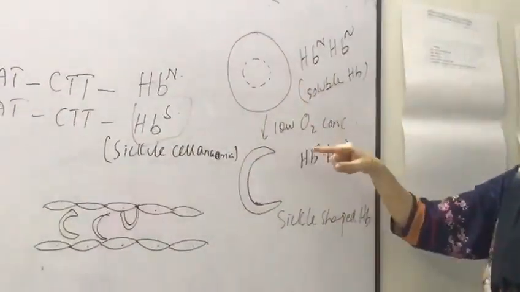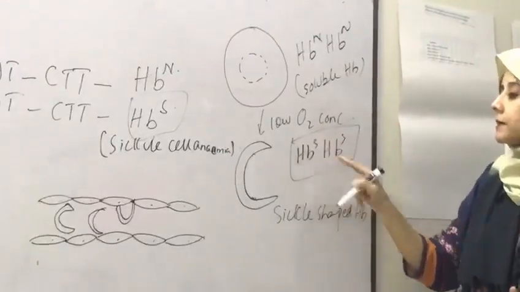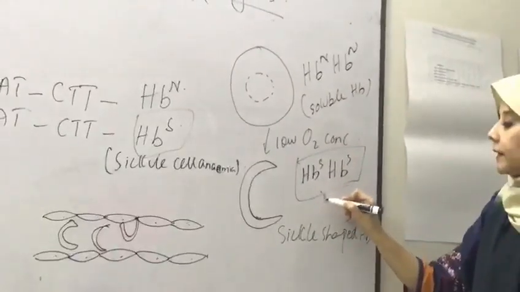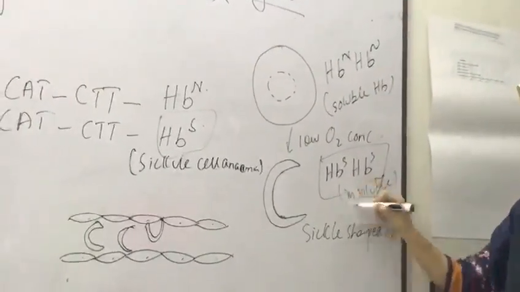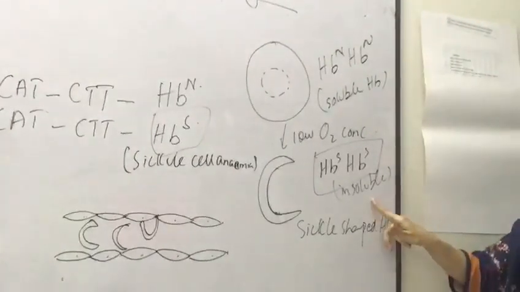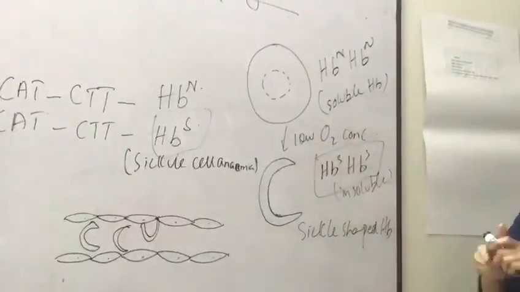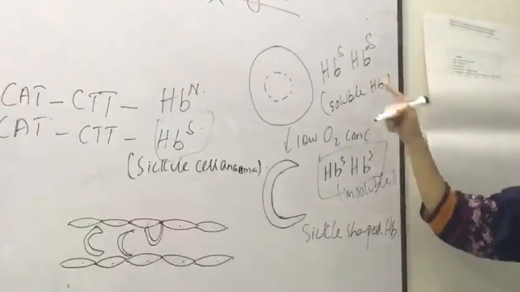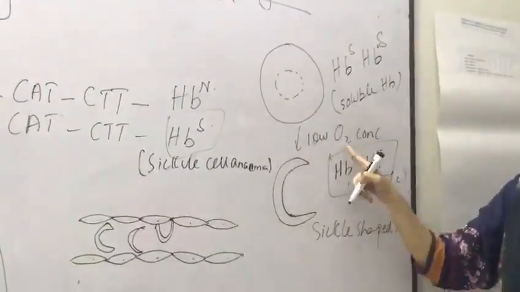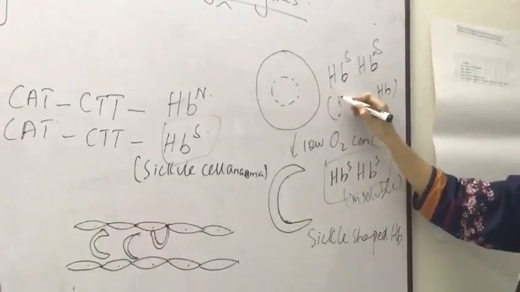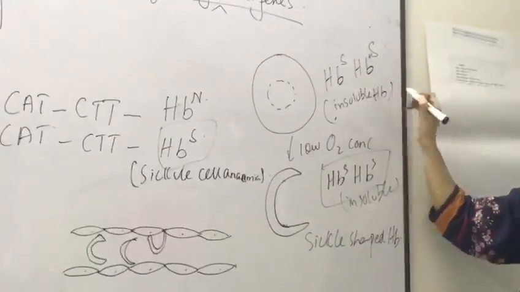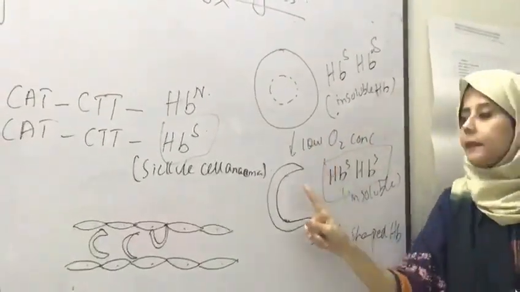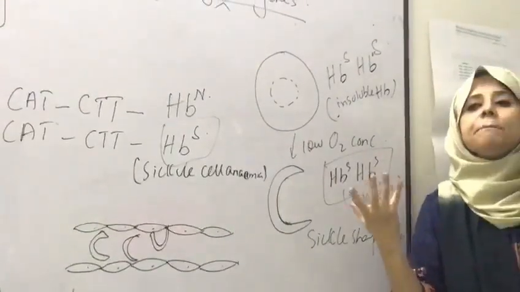But when the person is sickle cell anemic, then in that person the hemoglobin gets insoluble. When this person is subjected to low oxygen concentration, their hemoglobin gets precipitated.